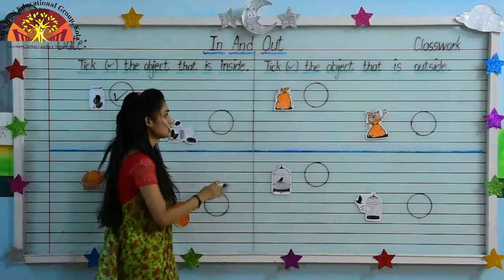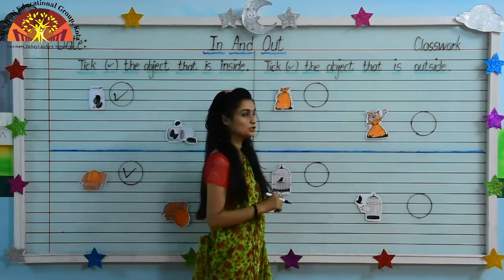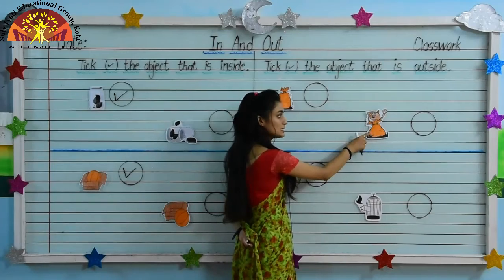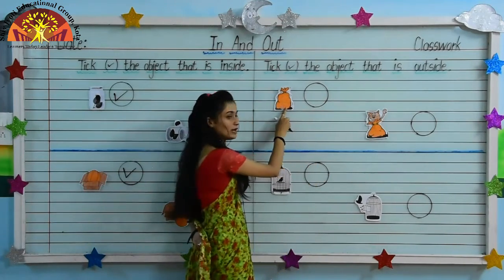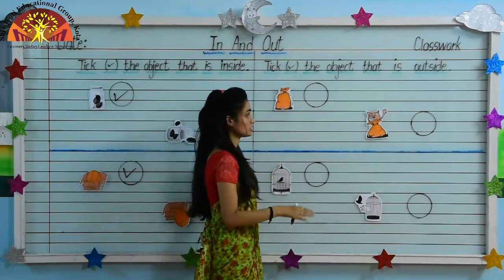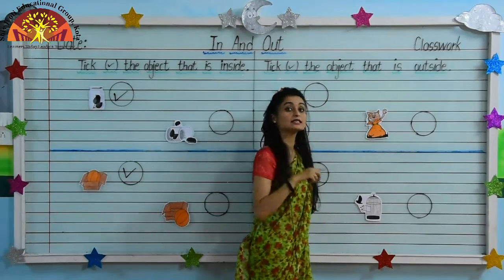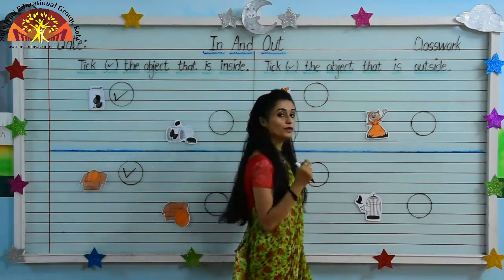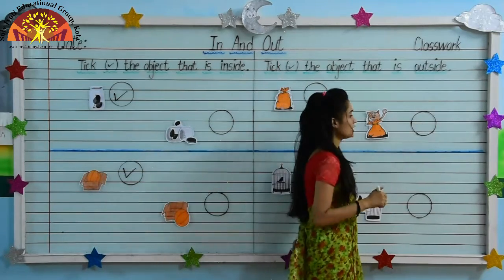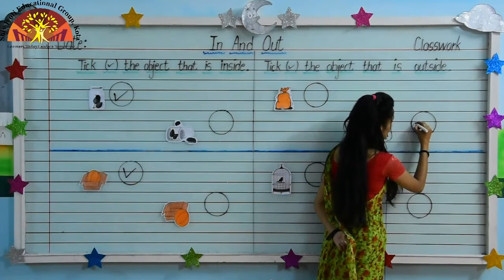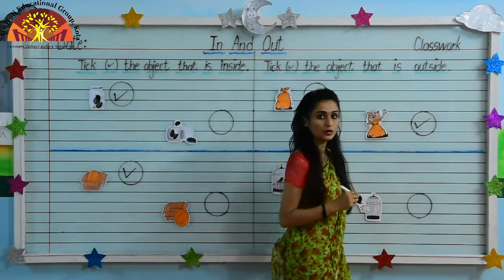So let's see the first one. In the first picture, the kitten is out of this sack, okay. In this one, there is no kitten outside and in this one the kitten is out of the sack. So in which one I should put a tick, kid? Yes, in this one. So you have to put a tick like this, okay.